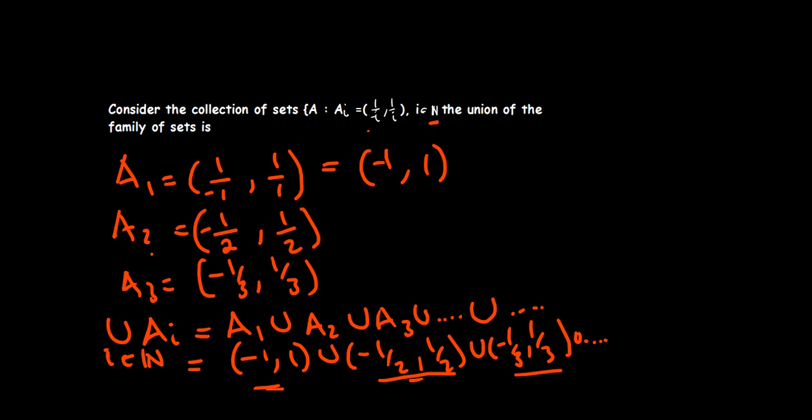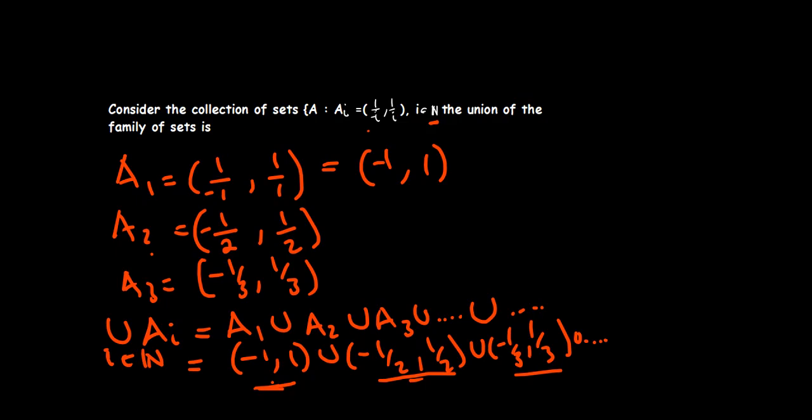So if we do the union here, we need an interval or a set that will contain all of these, and we see that even as we continue to go, negative 1 comma 1 will contain every one of these sets, because as we approach infinity, the interval becomes smaller and smaller. So the first one, negative 1 comma 1, will contain all the sets.